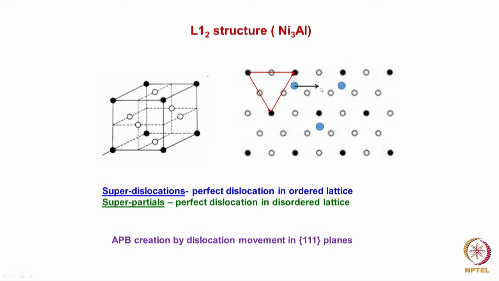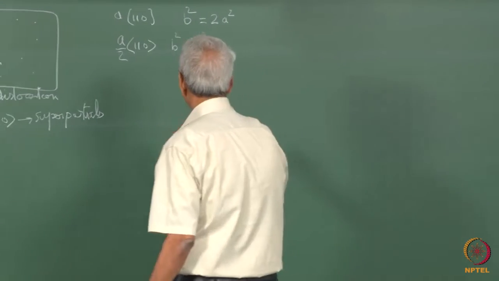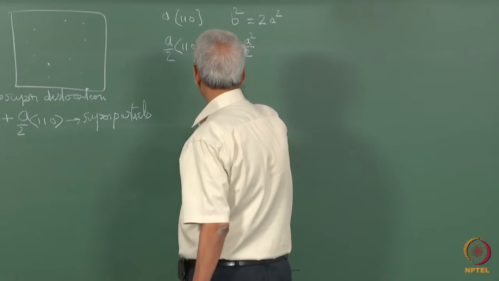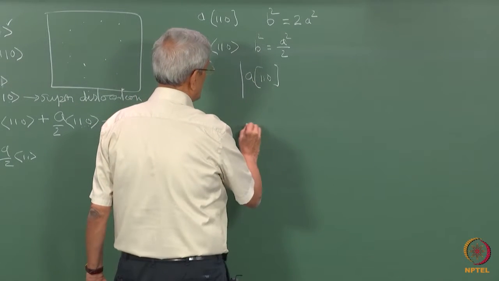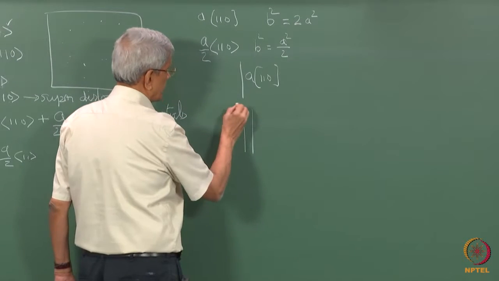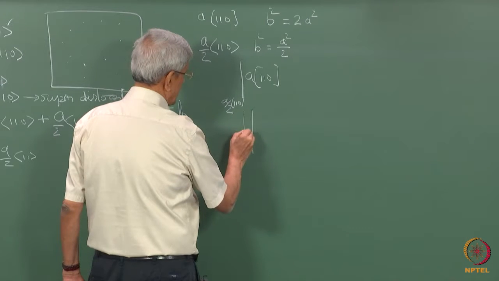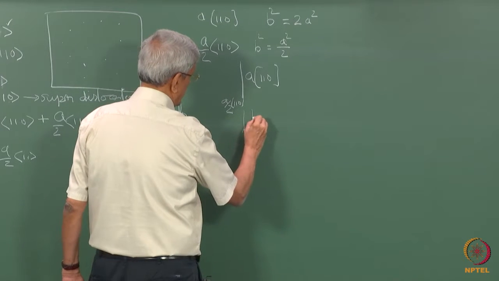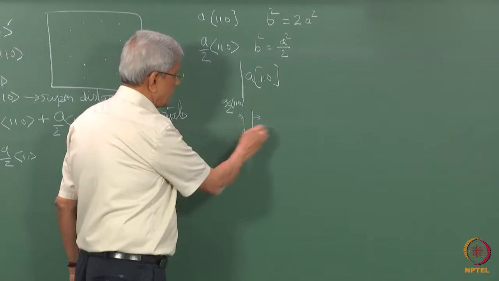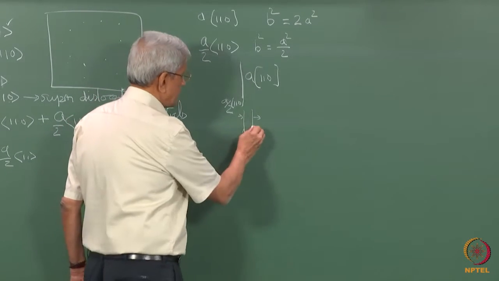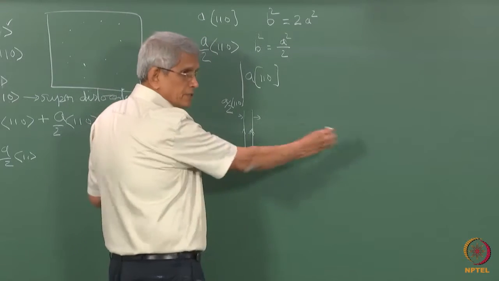This can also be considered in a different way. One dislocation with Burgers vector a[110] splits into two dislocations with Burgers vector a/2 [110]. Assume they have the same Burgers vector; they repel each other, so they will separate.